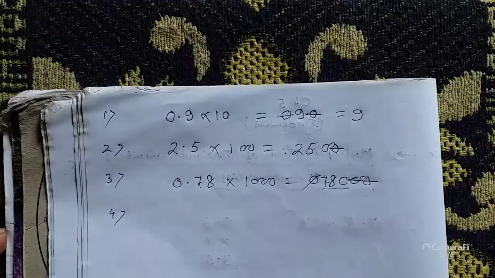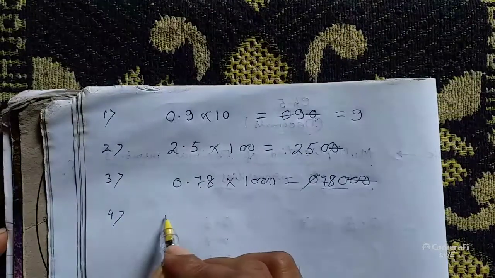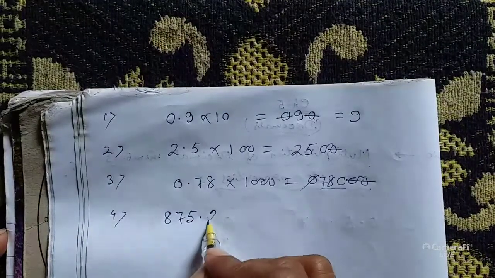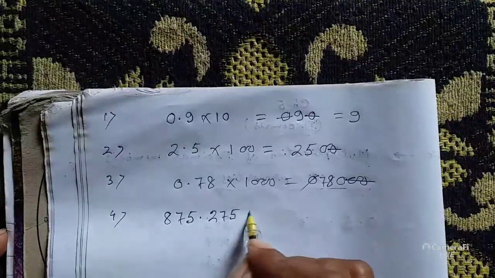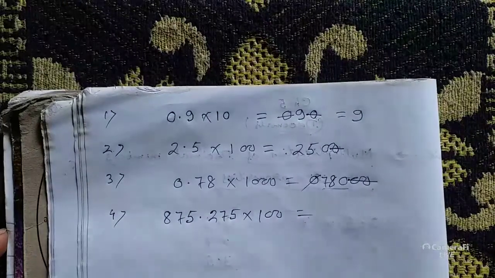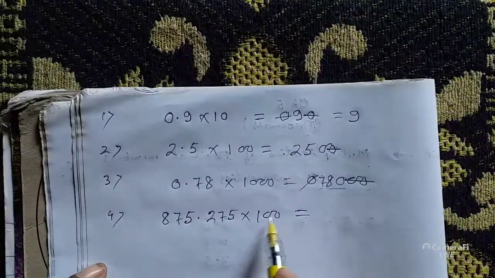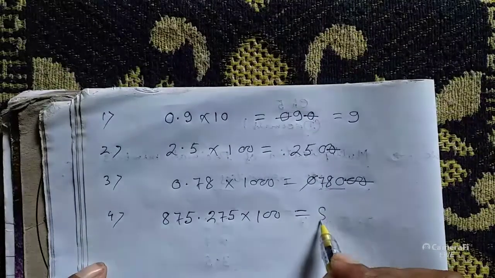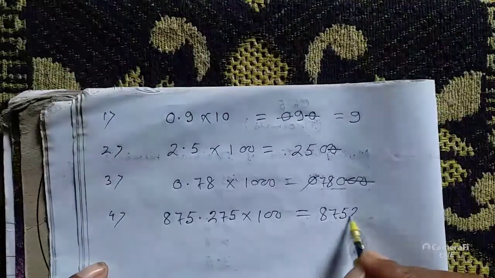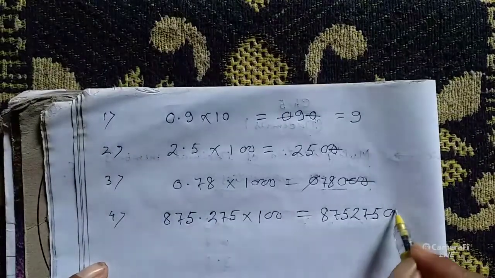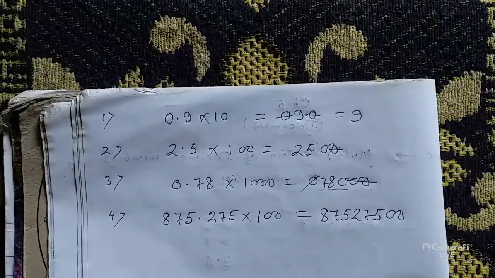Next, another example. Suppose we have to multiply 875.275 by 100. So just multiply this number and 100, leaving this decimal. So 875.275 and 2 zeros. This is the result.